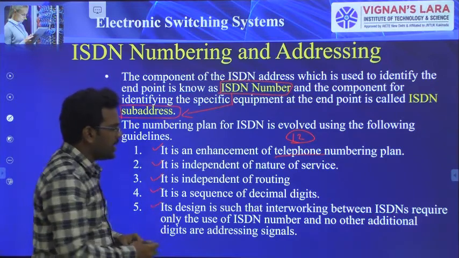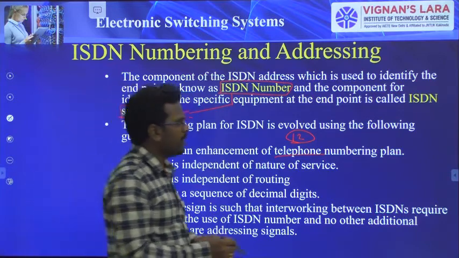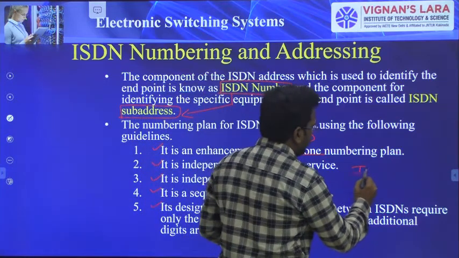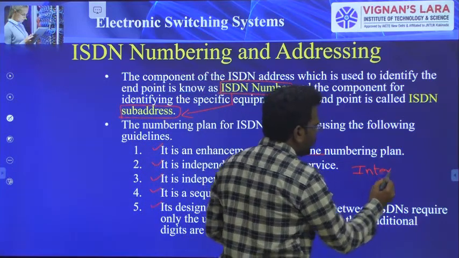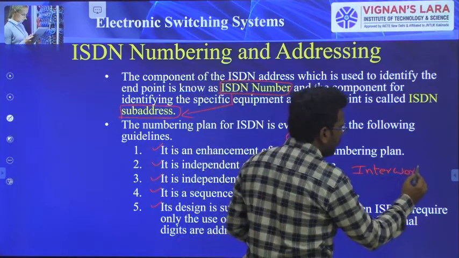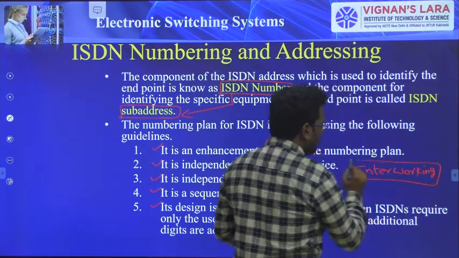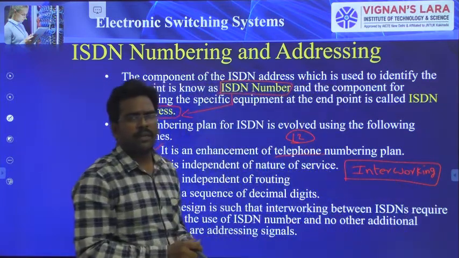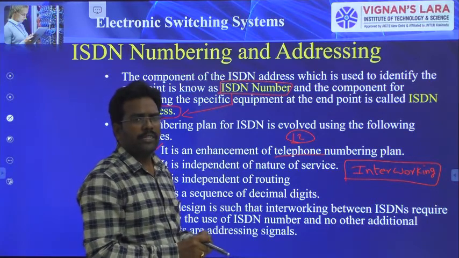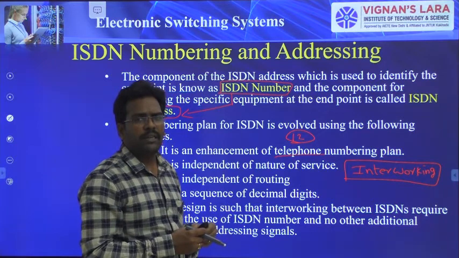Next one is, it is designed such that interworking is also possible. Interworking is one more topic we are going to cover in today's class itself. Interworking means you have to create some interworking functions such that different networks can cope up and operate easily.